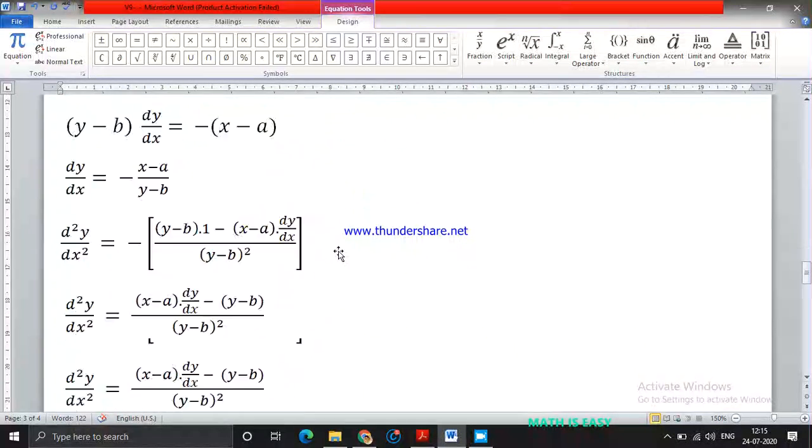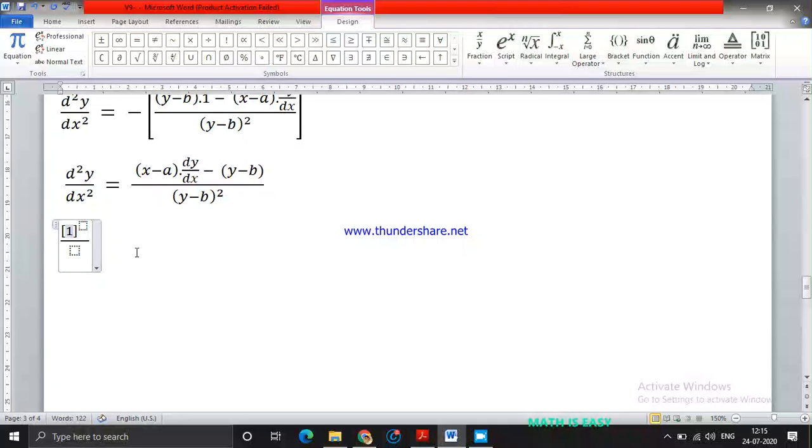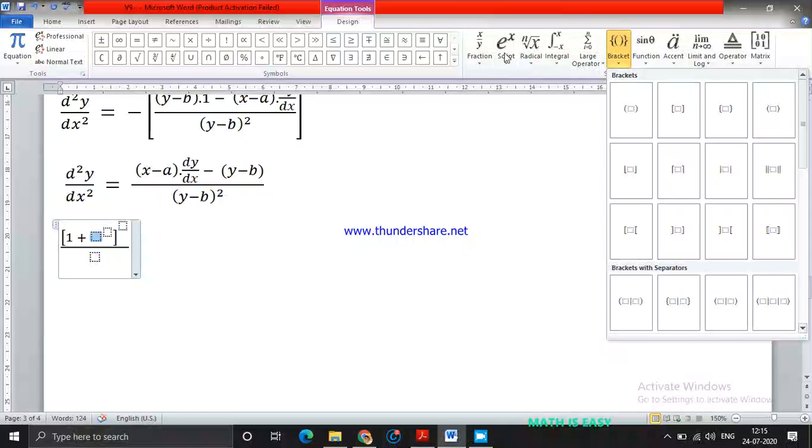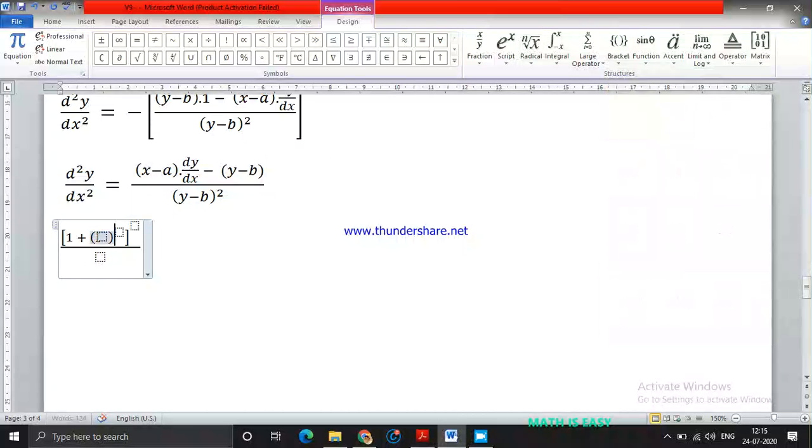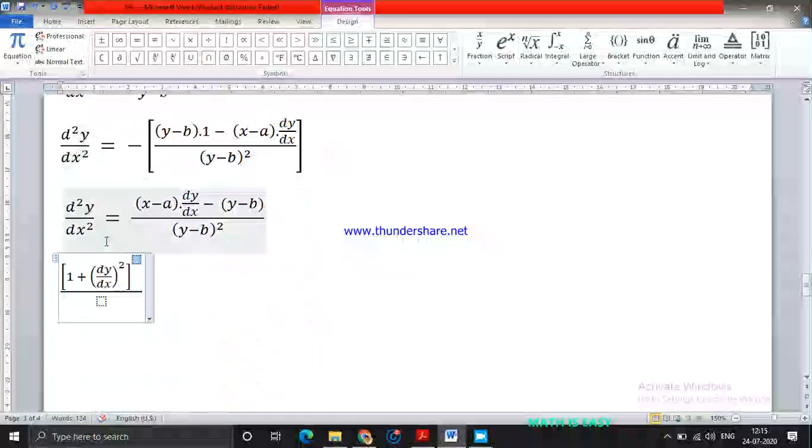1 plus dy by dx whole square. So 1 plus, and here dy by dx whole square. You have dy by dx whole square, and here you have the whole to the power of 3 by 2.